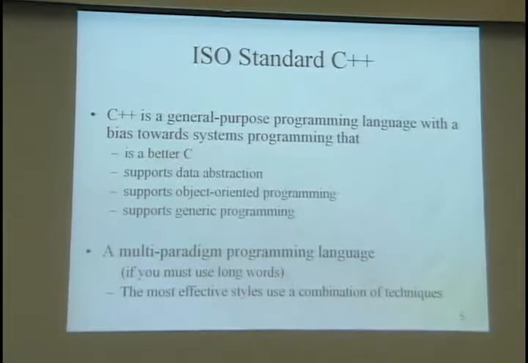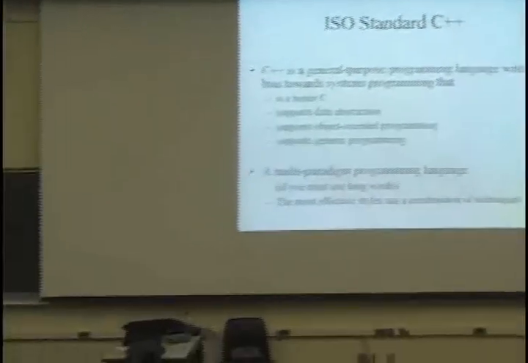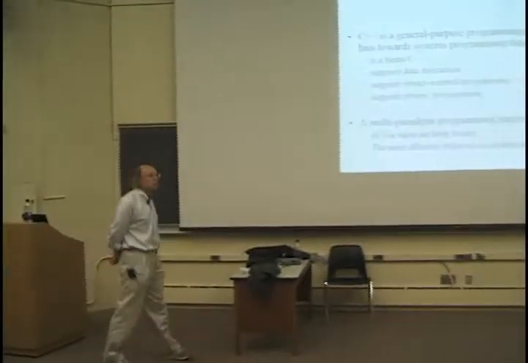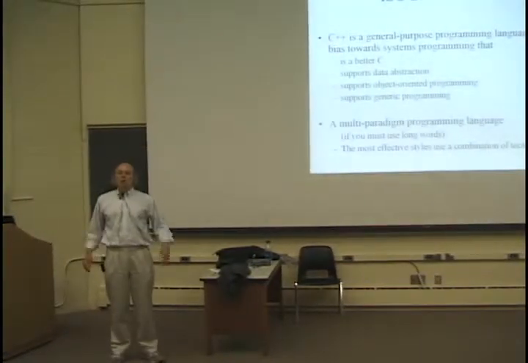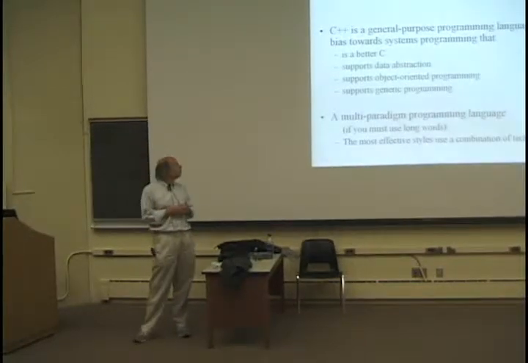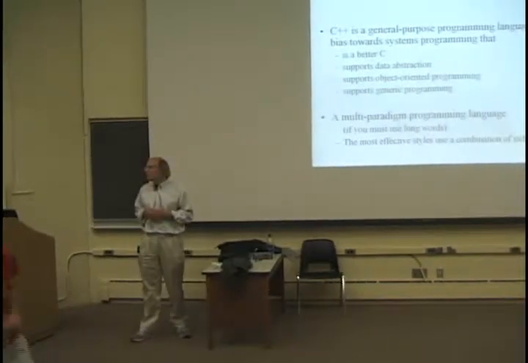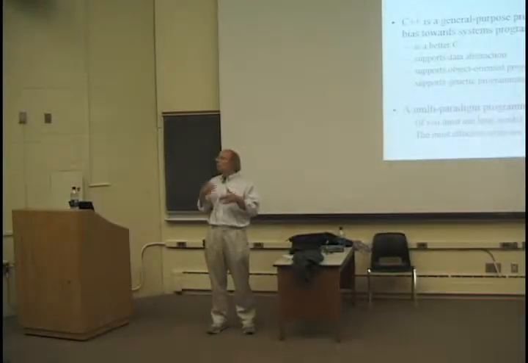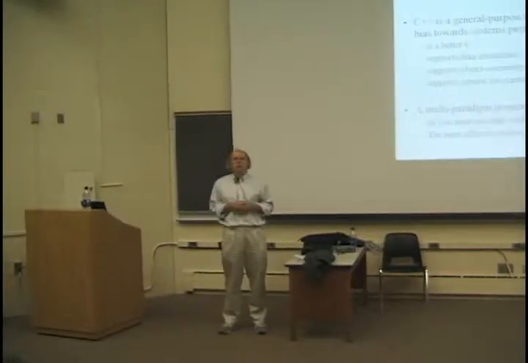It's a better C in the simple sense that you can write everything you can write in C in roughly the same way, with a better type system and more notational support, and at the same speed. You can build your own types, you can build hierarchies of your types, and you can parameterize types with other types and algorithms with other algorithms and types, things like that.